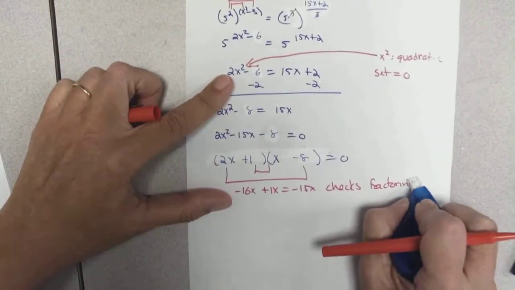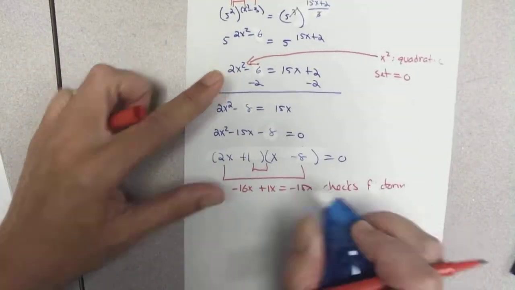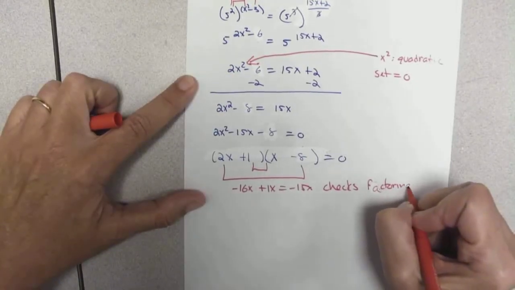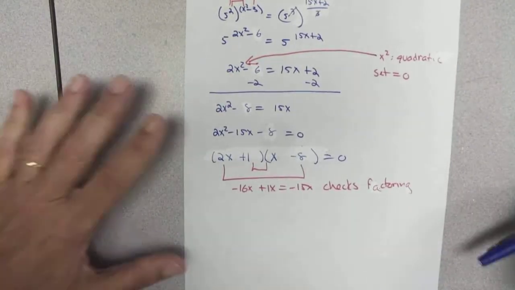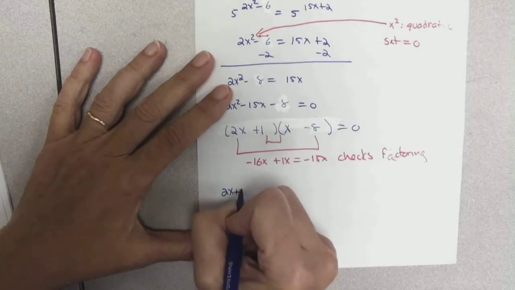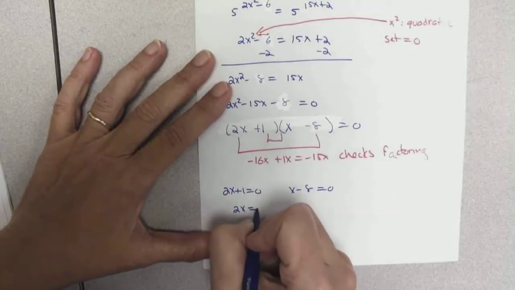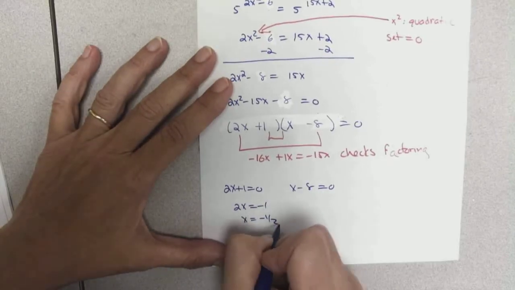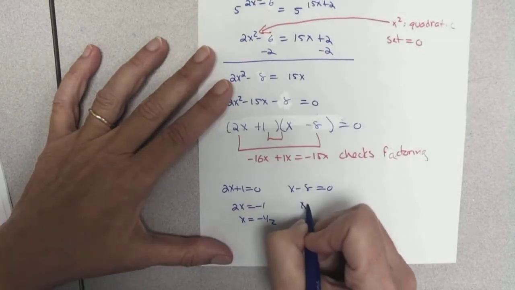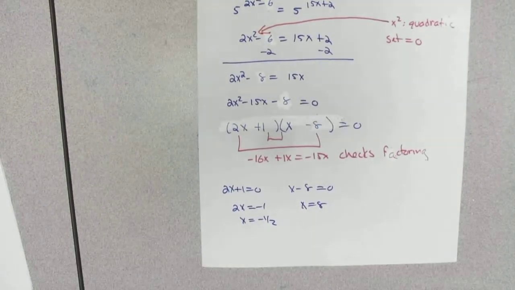But now it's factored and equal to 0. And because it's factored and equal to 0, I can split this up and get 2 answers of negative 1/2 and 8.